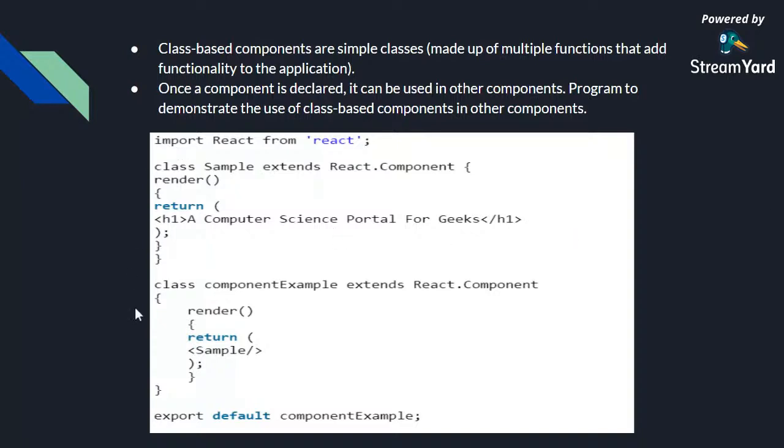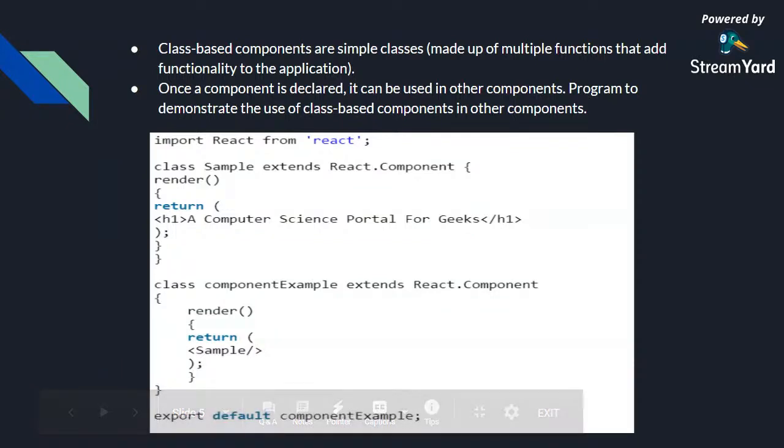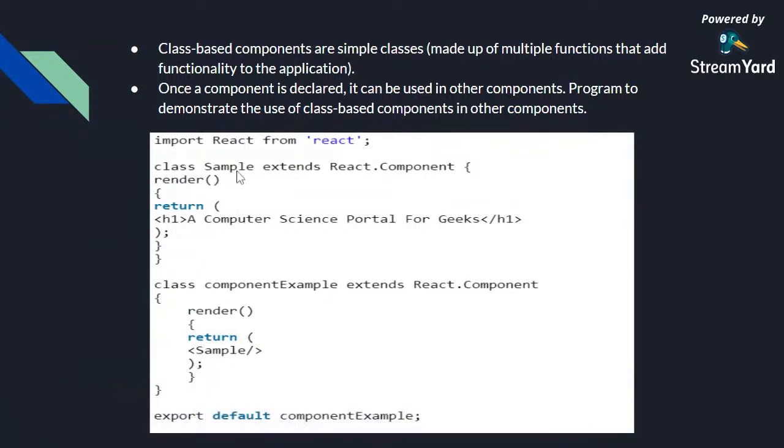This is the code snippet that I wanted to show you to demonstrate how a class component is shown. Here you can see that a class component is made by defining a class with a name, whatever you want, which extends React.Component from the React package.